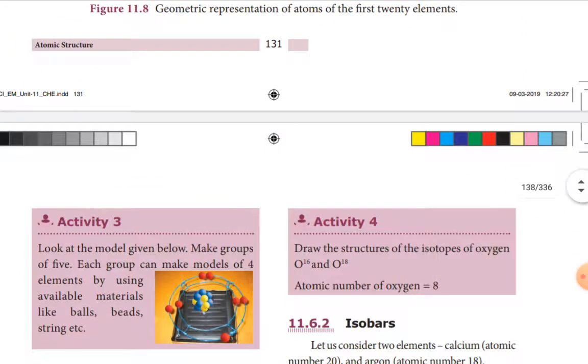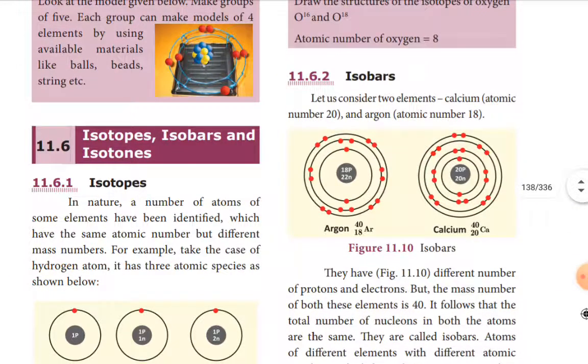Next, see isotopes, isobars and isotones. Isotopes are nothing but atoms of the same element having the same atomic number but different mass number.